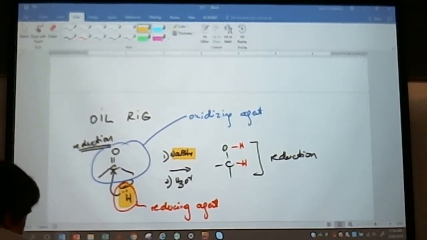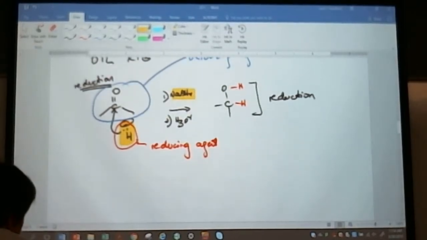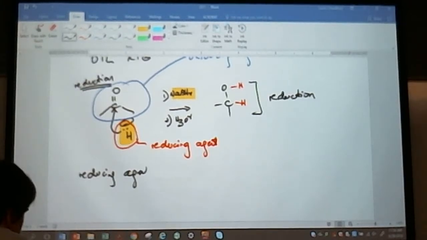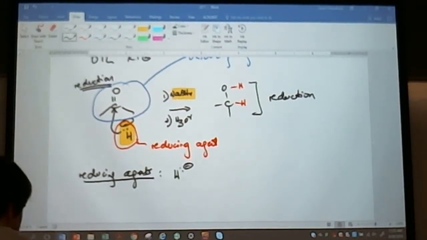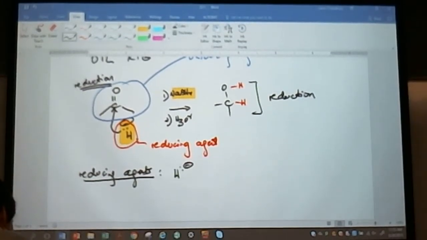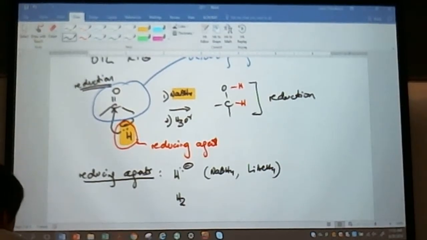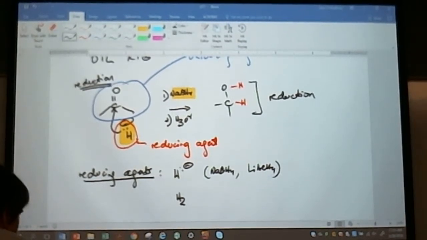Okay? My reducing agents, we looked at them, are hydrogen with electrons. So either a hydride ion, like sodium borohydride or lithium aluminum hydride, or hydrogen gas, which has 2 electrons between those 2 hydrogens, so it's contributing electrons as well.